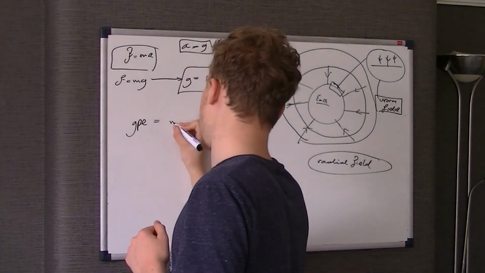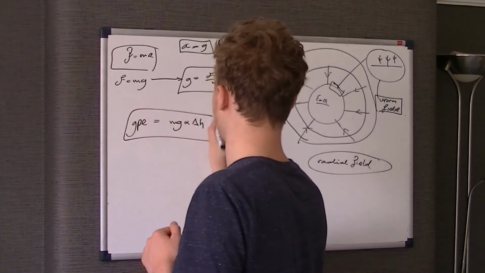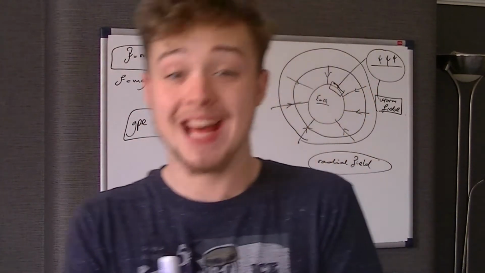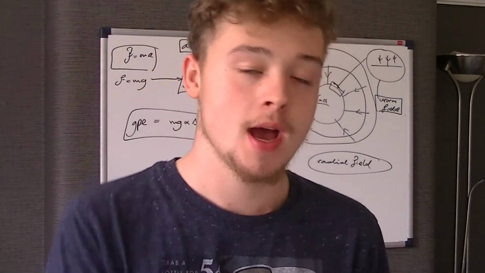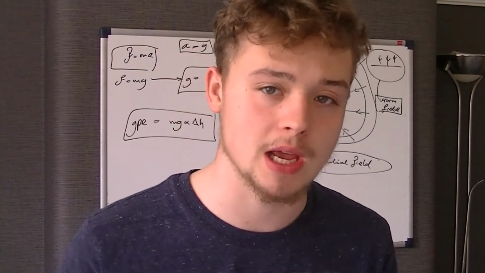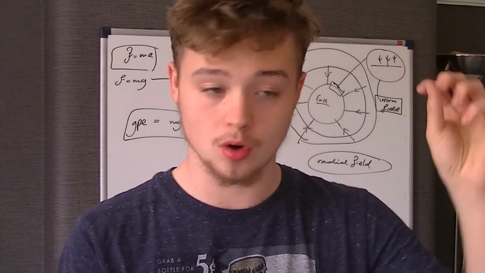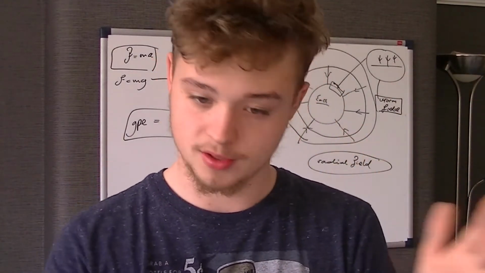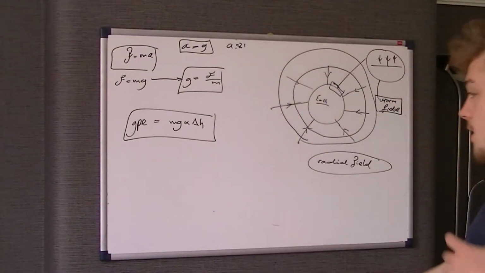It was mg times delta h, whereas gravitational potential is something quite different. As I said, gravitational potential energy is where we're considering we're on the surface of Earth. And anywhere on the surface of Earth, the gravitational field strength is 9.81 because we're at the surface of Earth. So the distance to the core, which is half of the diameter, is the radius, okay? So g is the same.